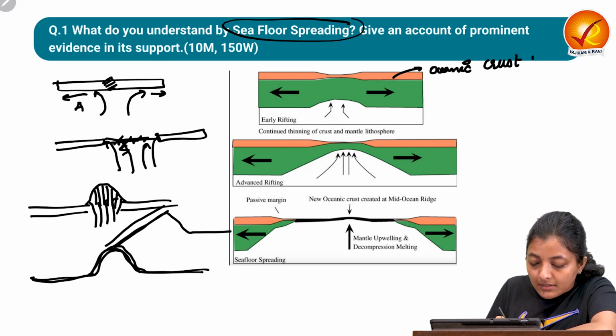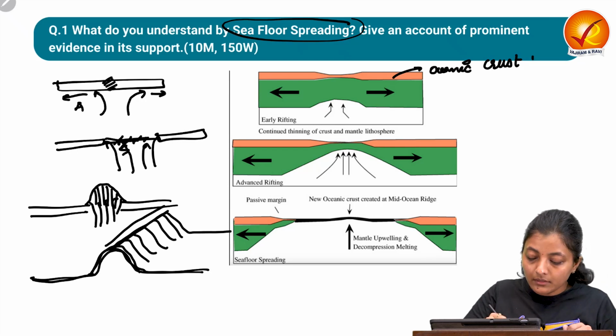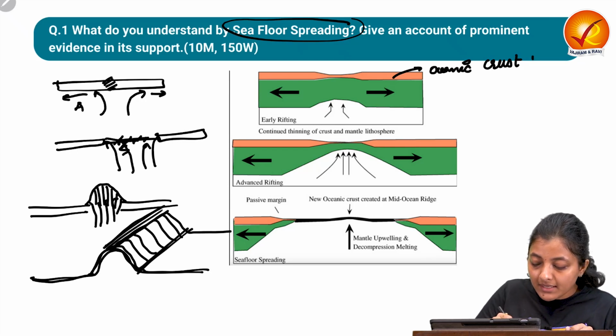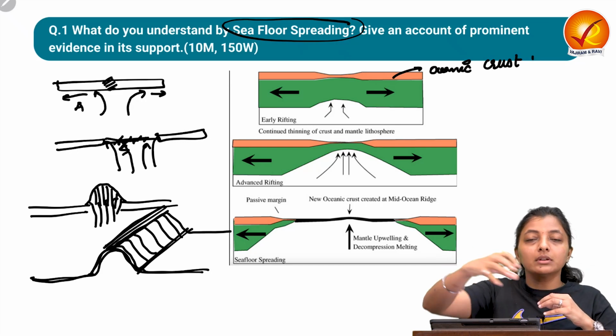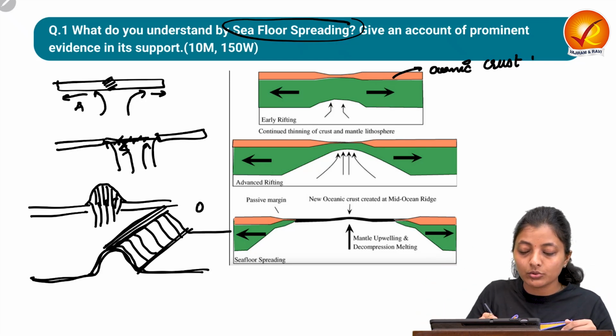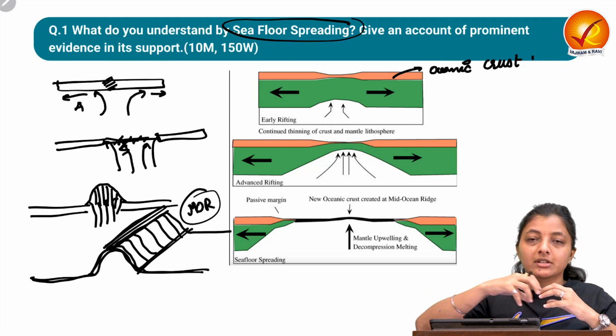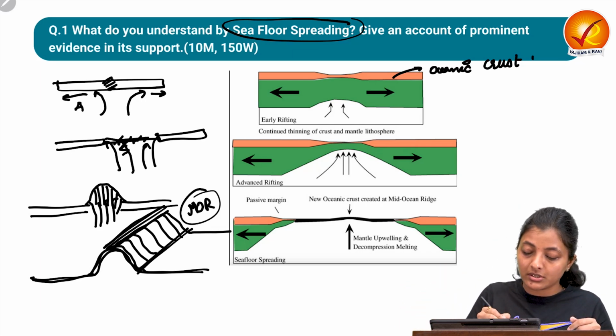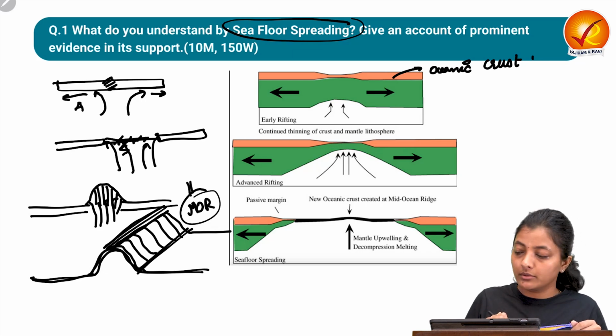Now, this creation of a mountainous structure all along the ocean is known as the mid-oceanic ridge, meaning a ridge-like, mountain-like structure in the middle of the ocean.